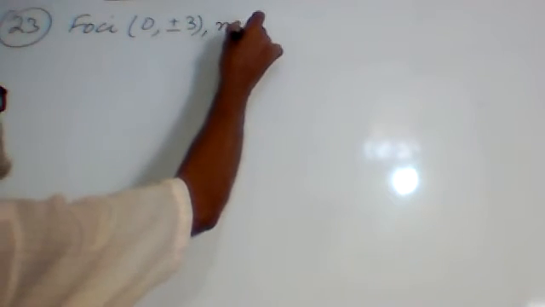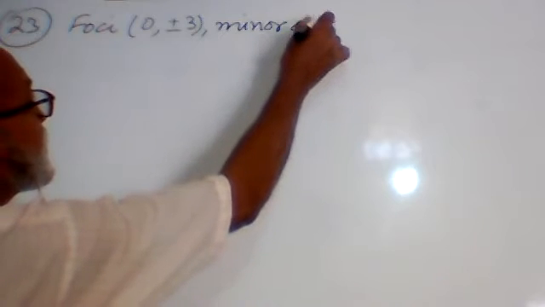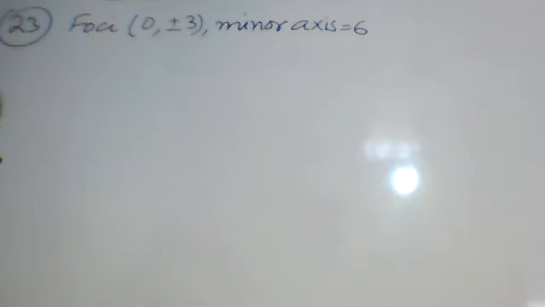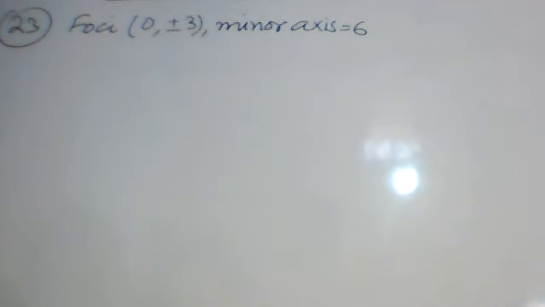Minor axis 6. Foci 0, comma plus minus 3. Therefore, there are two foci: 0, comma 3 and 0, comma minus 3.